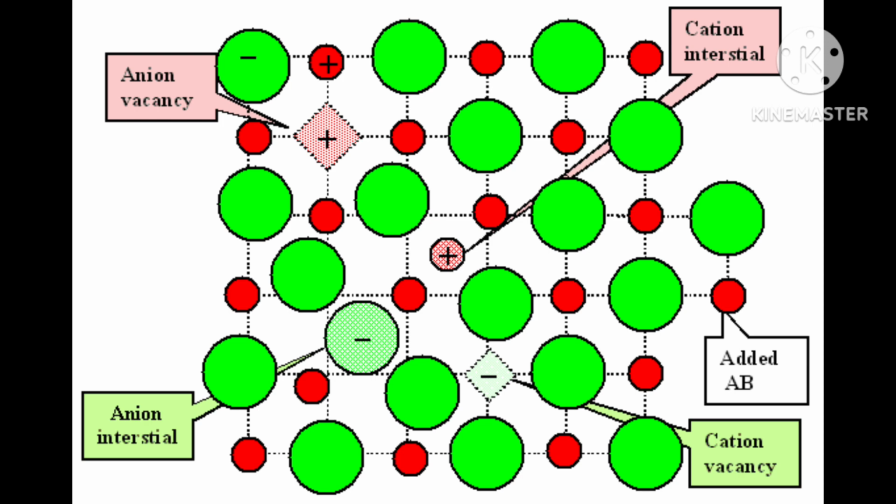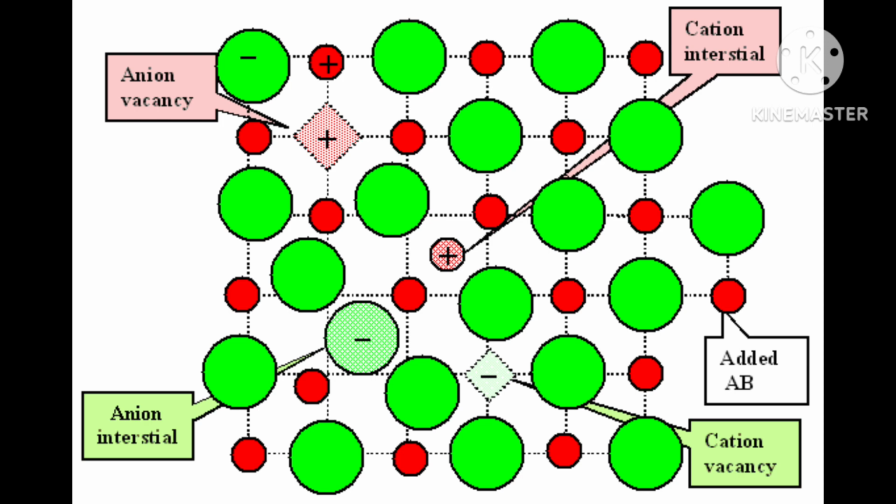Density decrease means the mass will be less, but the volume will be the same, because at that place in the arrangement some atoms will not be there. That's why density decreases.